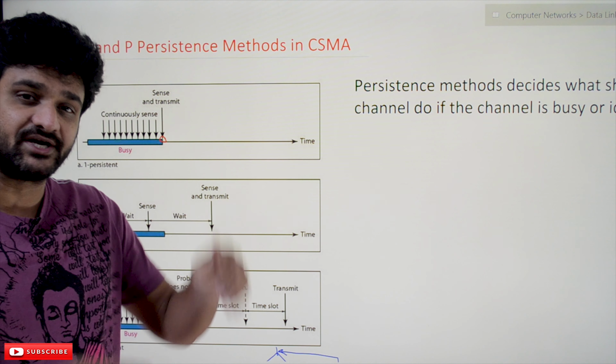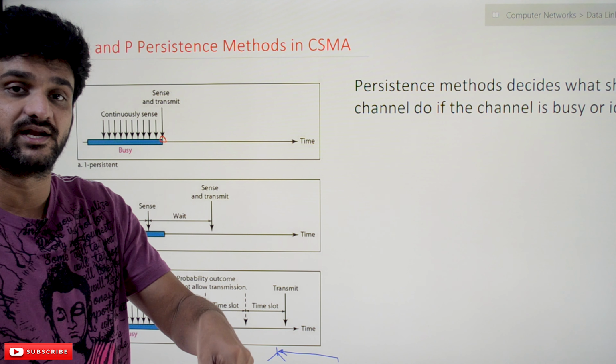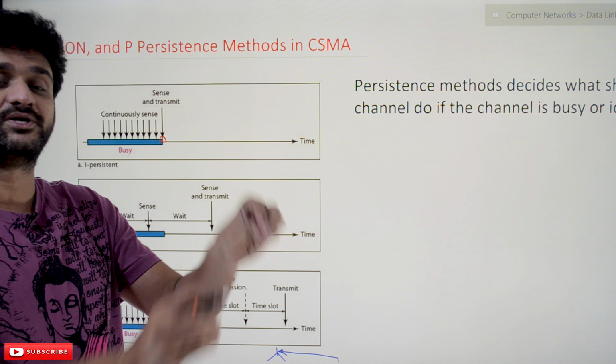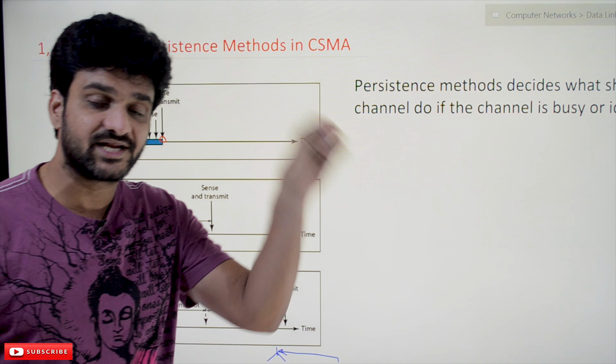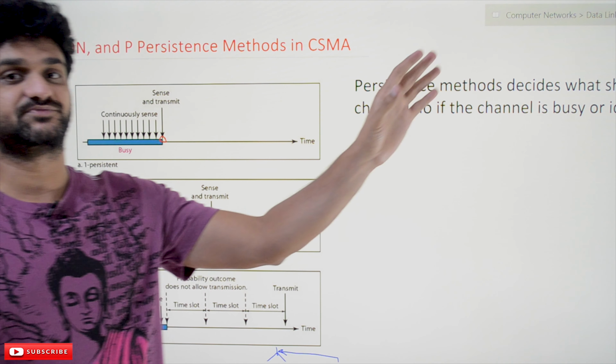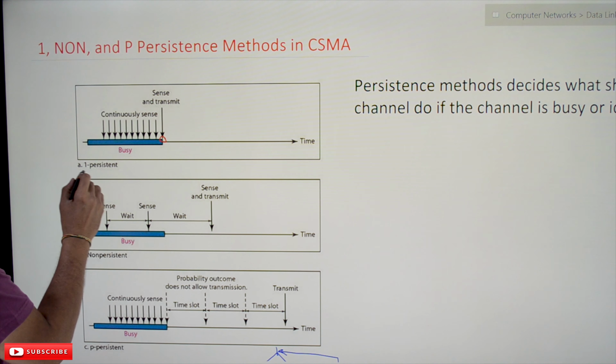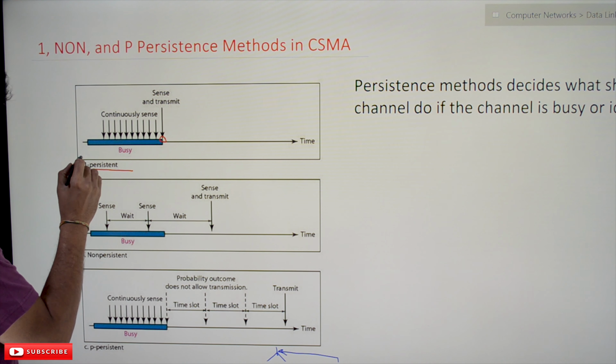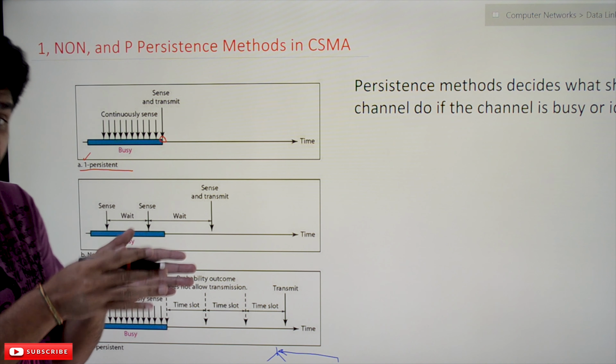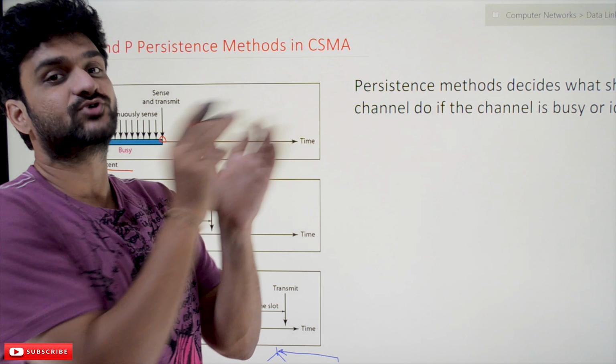With 100% probability, whenever it finds the channel idle, it will just transmit. This is what we call one persistence. One here stands for a probability of 1.